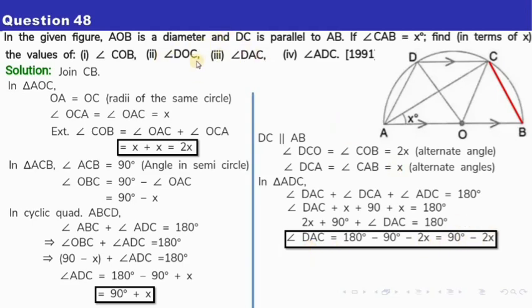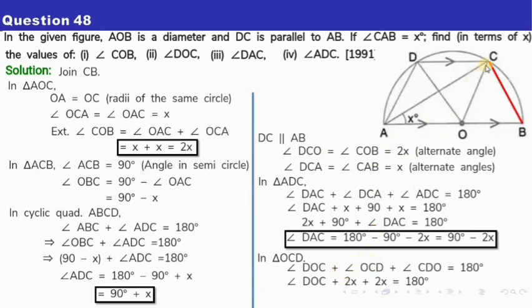Now we are left with DOC. In triangle OCD, the sum of the interior angles is 180 degrees, right? Now let's see what OCD is. This is also x, this is also x, so altogether this is 2x. So DCO is already written as 2x.